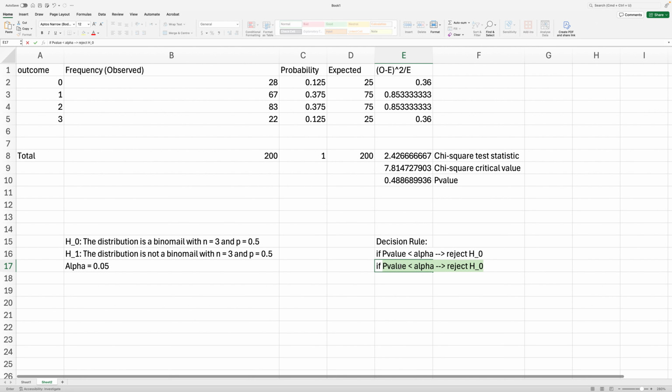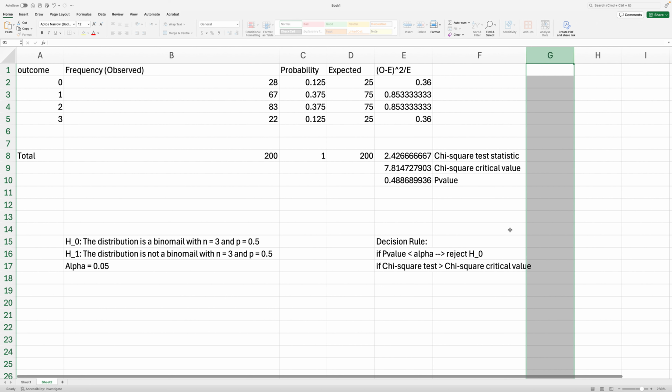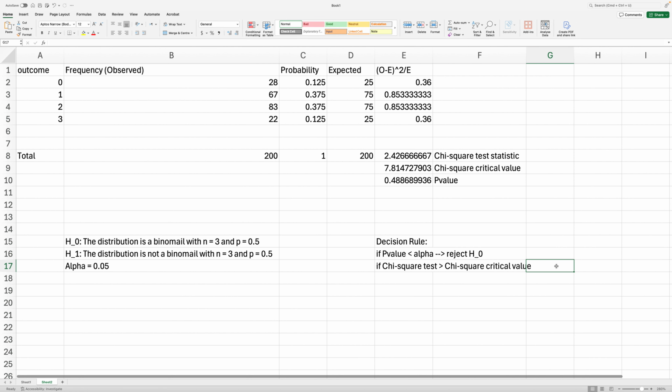Or, if chi-square test statistic larger than the chi-square critical value, which is chi-square alpha, reject the null hypothesis.